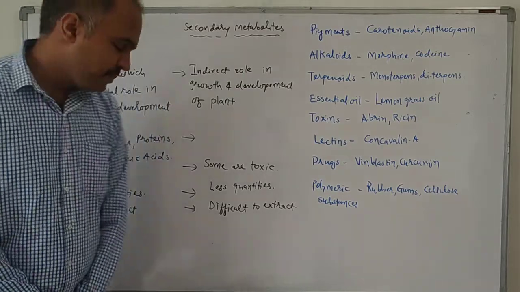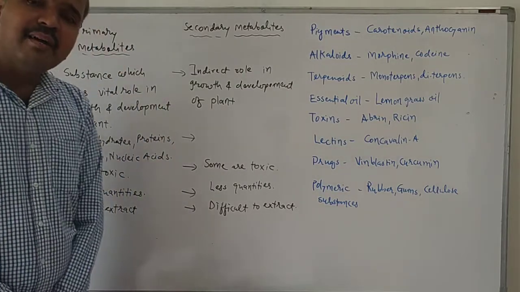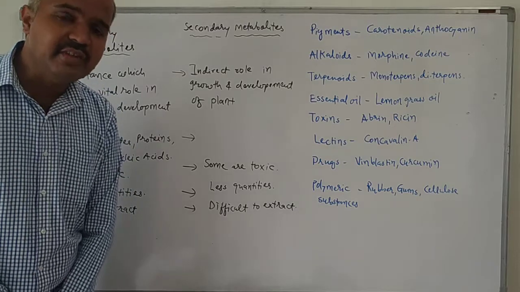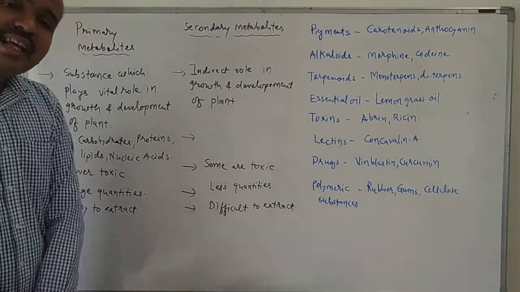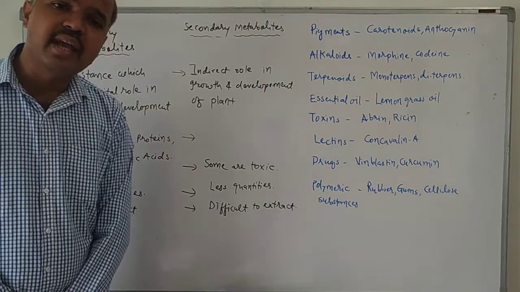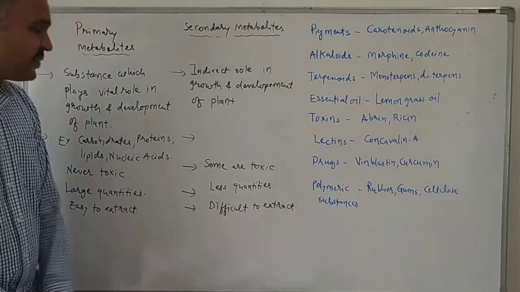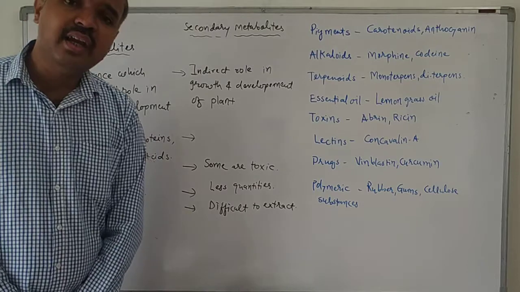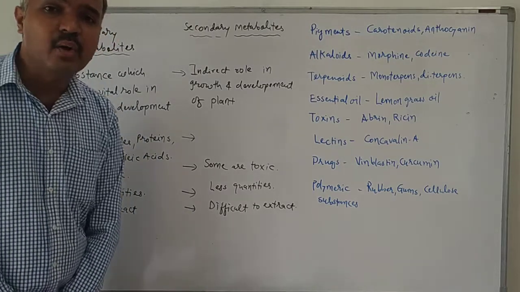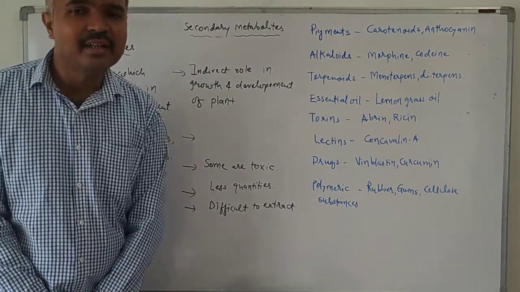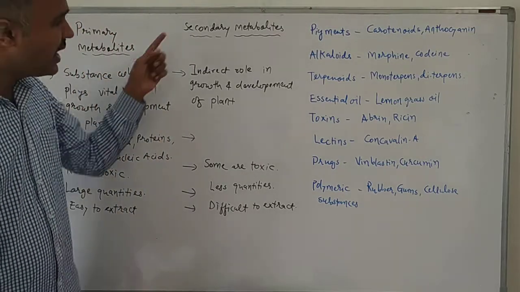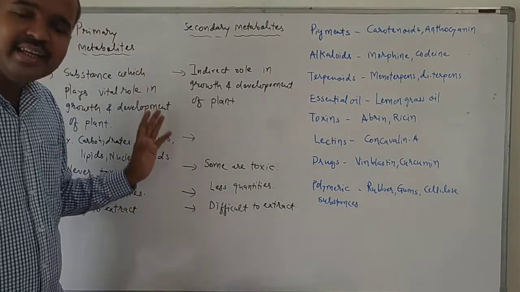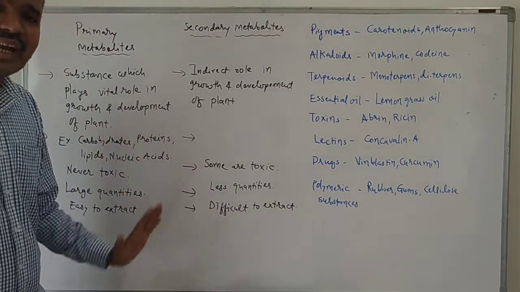We can easily extract primary metabolites from the plant's body as their concentration is very high, and extraction of secondary metabolites is difficult as their concentration is very less. So this is all about primary and secondary metabolites. I hope you are clear with the fundamentals.